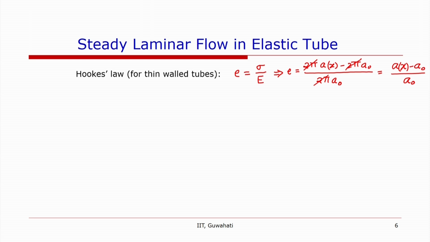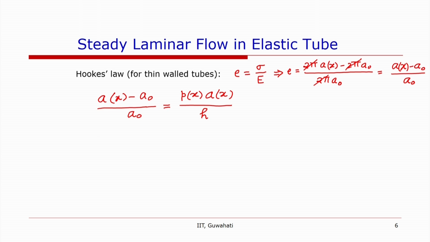So we can substitute: Ax minus A naught divided by A naught is equal to sigma over E, and we can substitute sigma from our previous slide, where we obtained the relationship for hoop stress, equal to Px Ax over h, where h is the tube thickness.